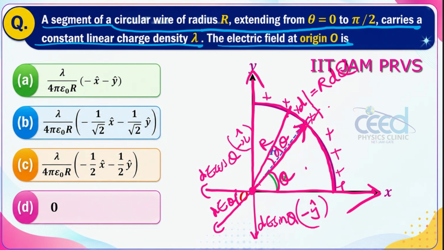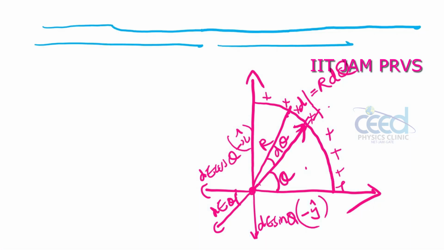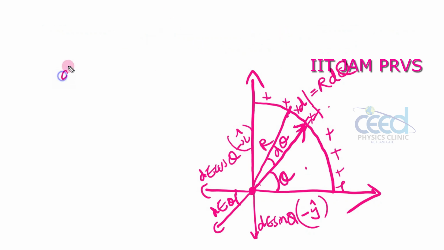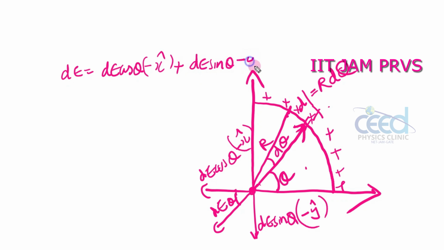So what is the net electric field? You can write this dE as dE cos theta minus x cap plus dE sin theta minus y cap, right? Then the electric field at O is the integral of this dE. What is the dE value?